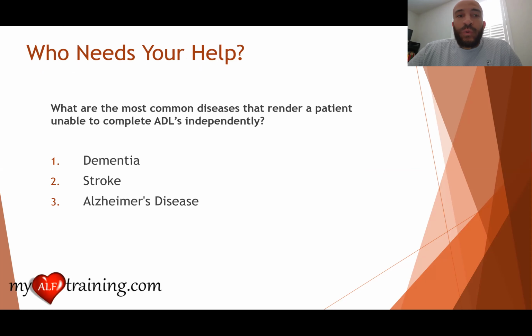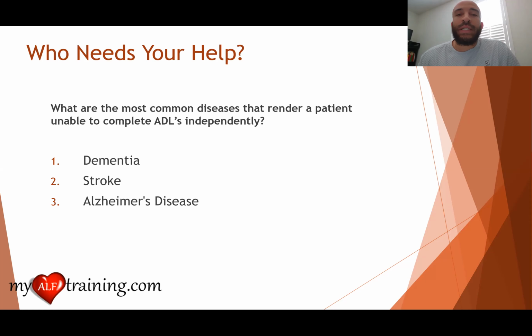Now, who needs your help with completing their ADLs? In an assisted living facility or just throughout America, some of the most common diseases that render a patient unable to complete their ADLs independently, which, as an end result, leads to them being in an assisted living facility or hospitalized or just some type of caring environment where they need assistance.